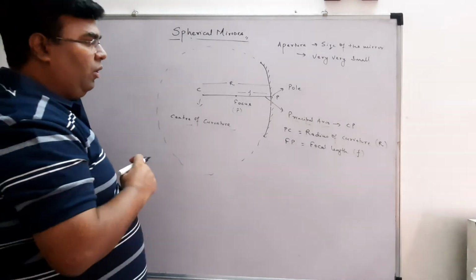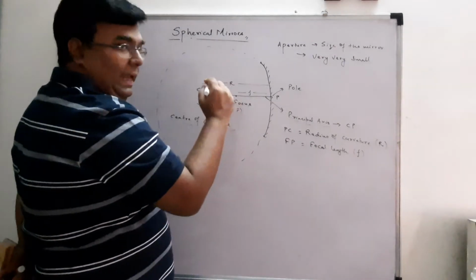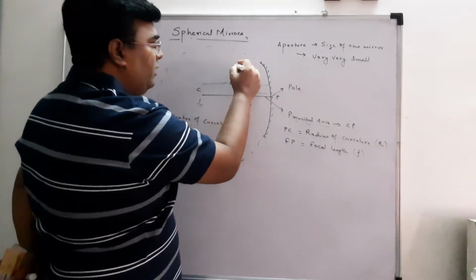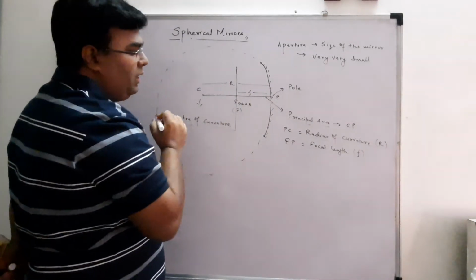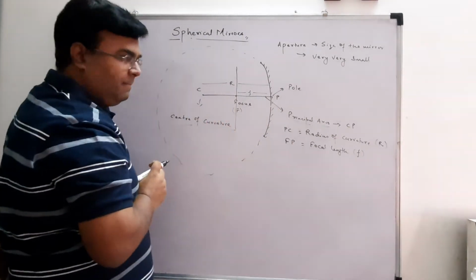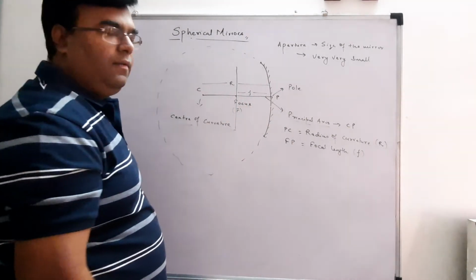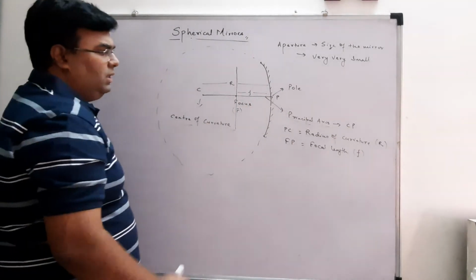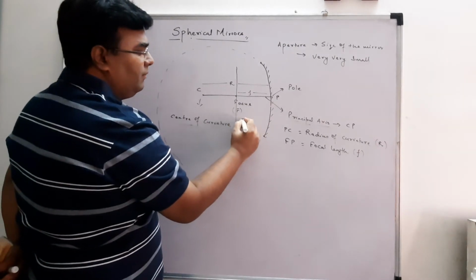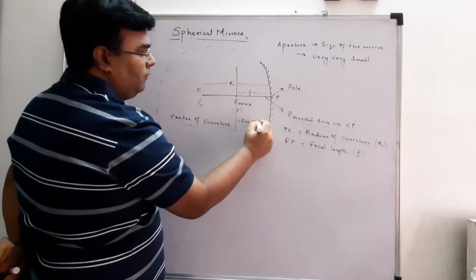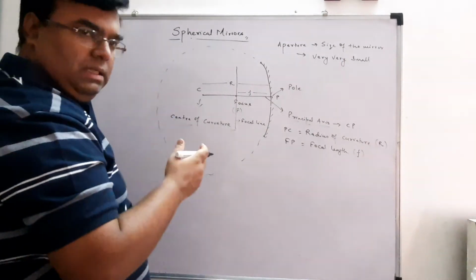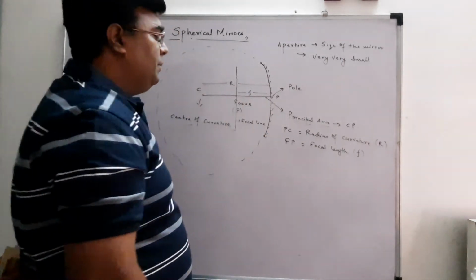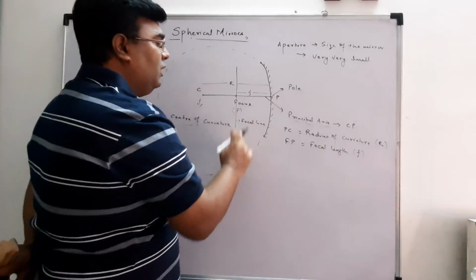Now imagine I draw a line perpendicular to the principal axis and passing through the focus. This is the focal line. A line passing through the focus and perpendicular to the principal axis is known as the focal line.